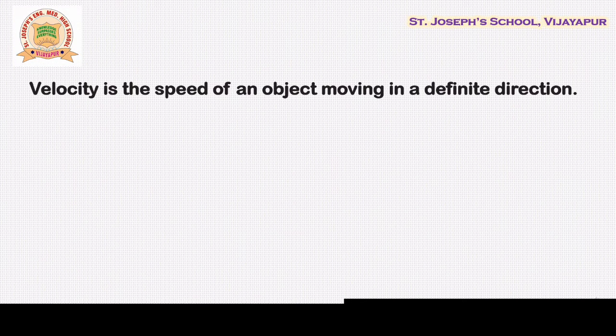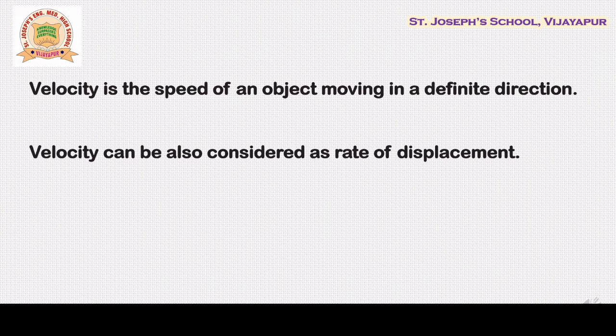Velocity is the speed of an object moving in a definite direction, or you can also say velocity is the rate of displacement. That is, rate means displacement divided by time. In physics, whenever we discuss any quantity divided by time, we replace it with the word rate.